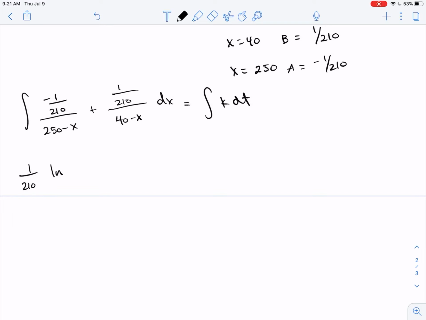It gives me ln. Be careful here: you see that negative, so it makes that a positive ln of 250 minus x, and then minus ln of 40 minus x equals kt plus c.